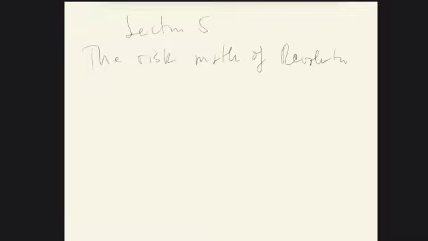Okay. Section 5, the risk math of revolution. South Carolina in 1776 had two choices.